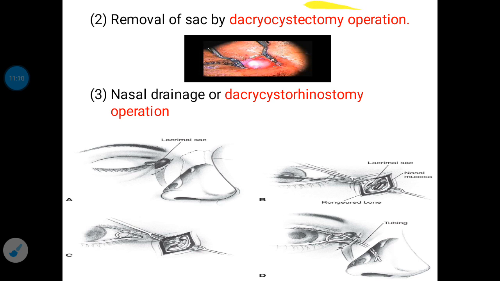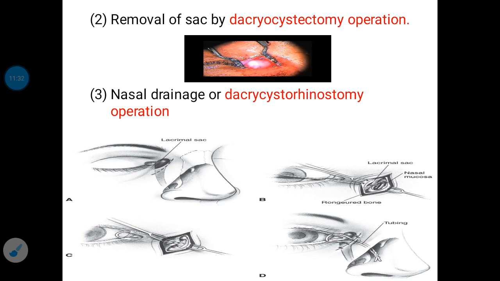Another way of treatment is removal of the sac by dacryocystectomy operation. As the sac is the local source of infection, it must be removed to avoid the development of corneal ulcer. The operation is easy, but it may result in lifelong epiphora.